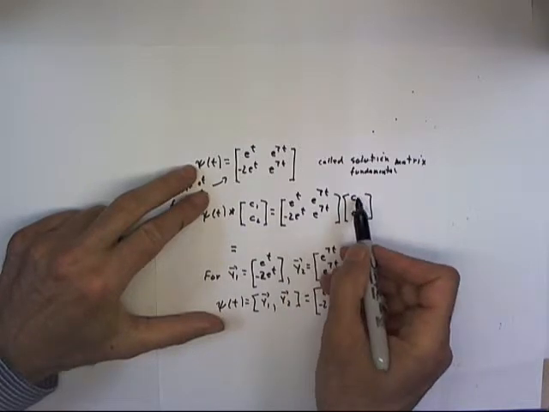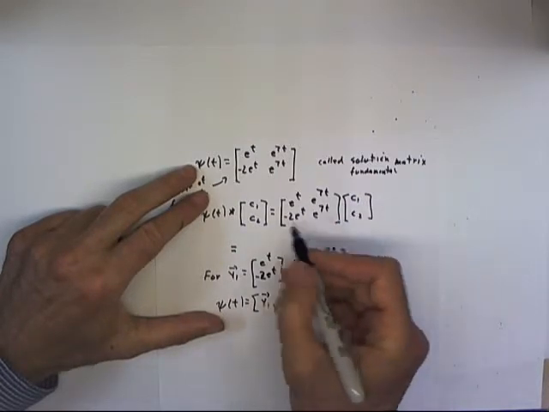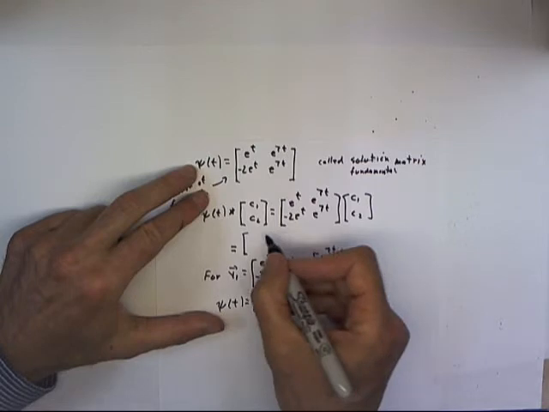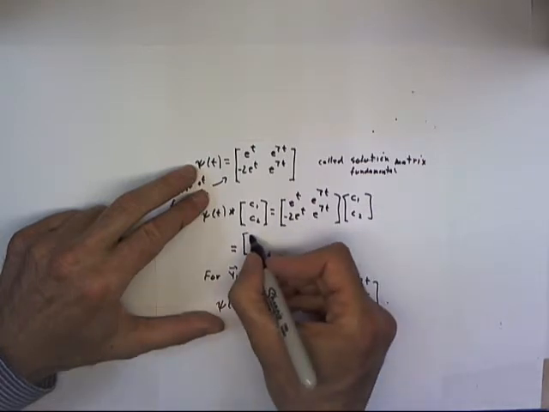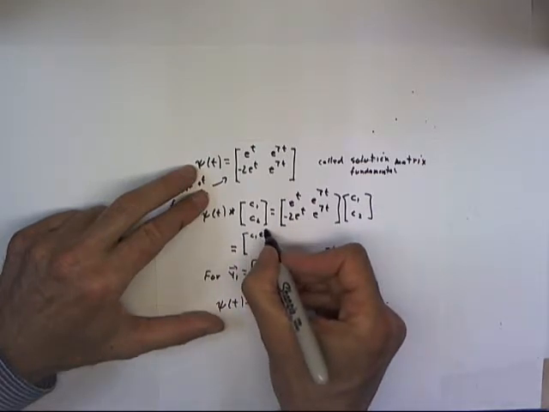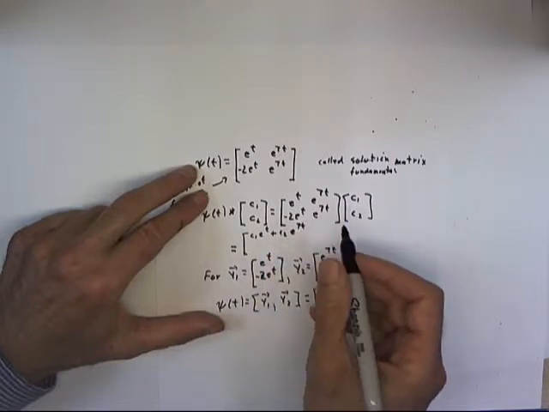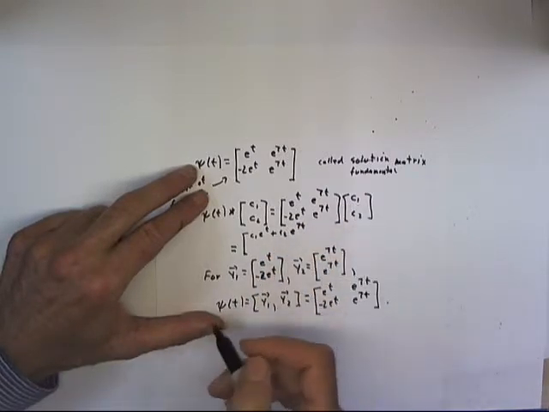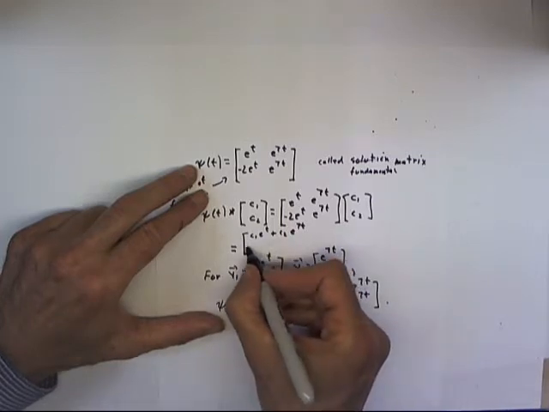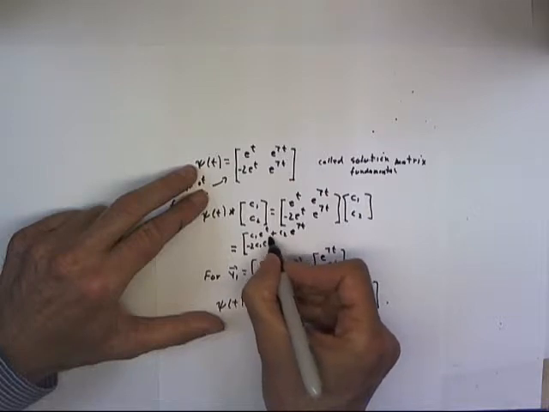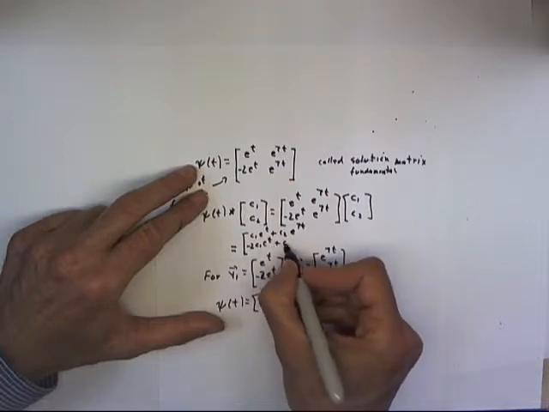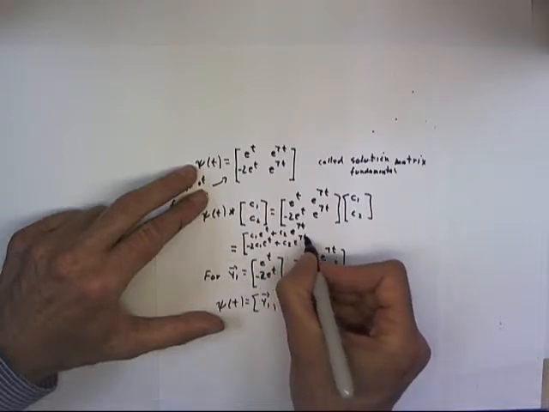Well, if we multiply e to the t by c1 and e to the 7t by c2, to get the first row of our product, we have c1 e to the t plus c2 e to the 7t. And if we multiply the second row by our c1, c2, we have negative 2c1 e to the t plus c2 e to the 7t.